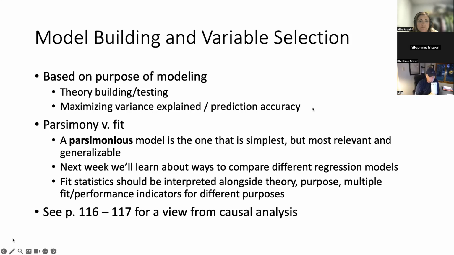One thing that is true, and we'll discuss this next week when we talk about how to compare different regression models, is you can never make a regression model worse by adding more predictors. You're not necessarily making it better, but in ordinary regression, we use R squared as our measure of fit.